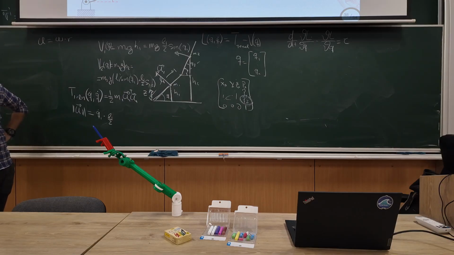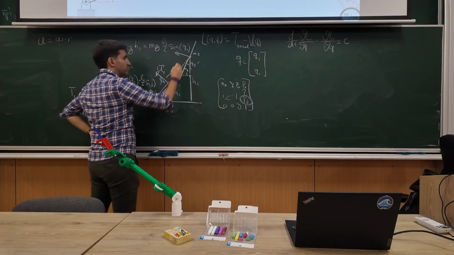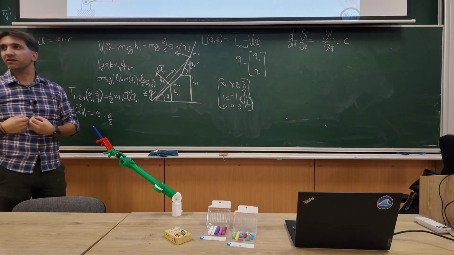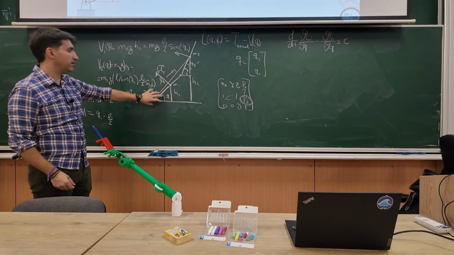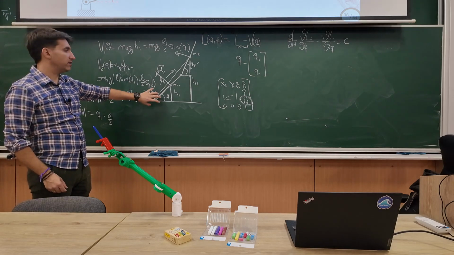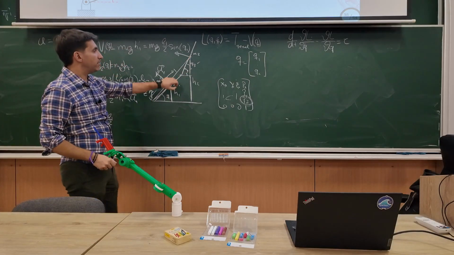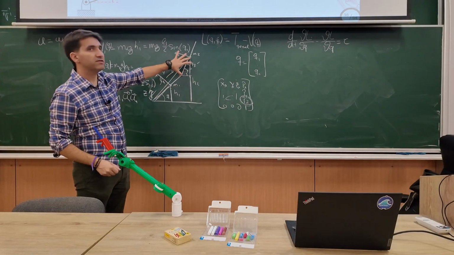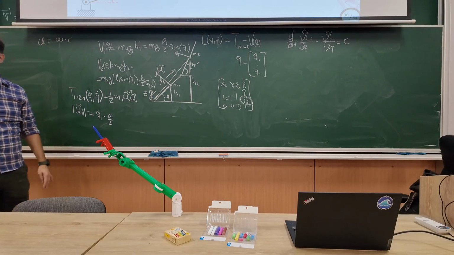I will basically have two contributions, one due to this joint and one due to this joint, right? The linear velocity due to this joint will be Q1 dot times this distance. And then the other one will be the angular velocity of this one times this distance, right? Do these things sound familiar?